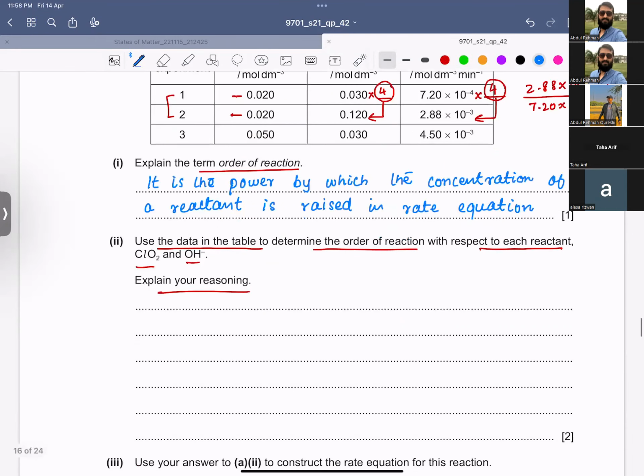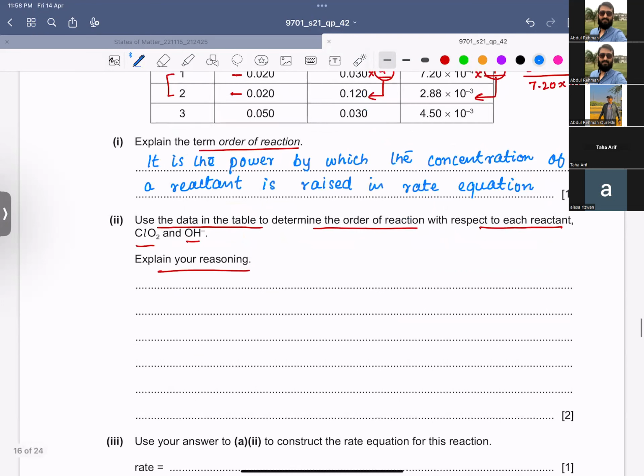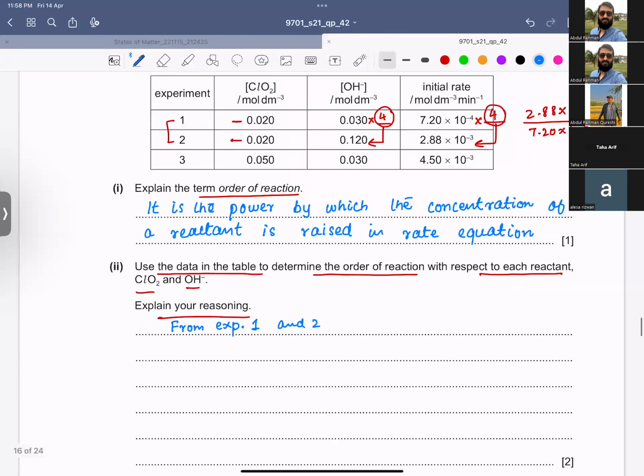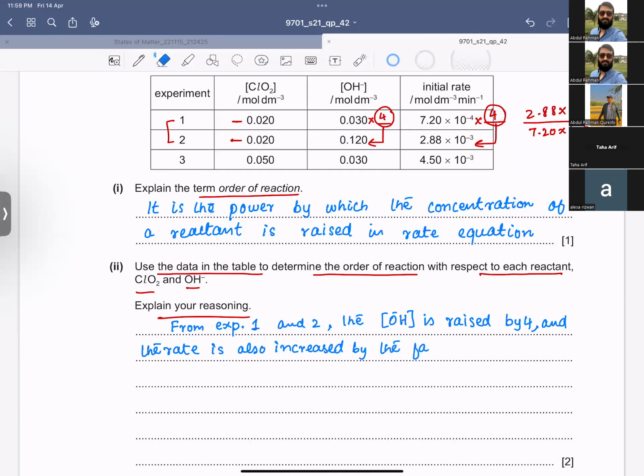So I can write over here that from experiments 1 and 2, the concentration of hydroxide ion is raised by 4 and the rate is also increased by the factor of 4.